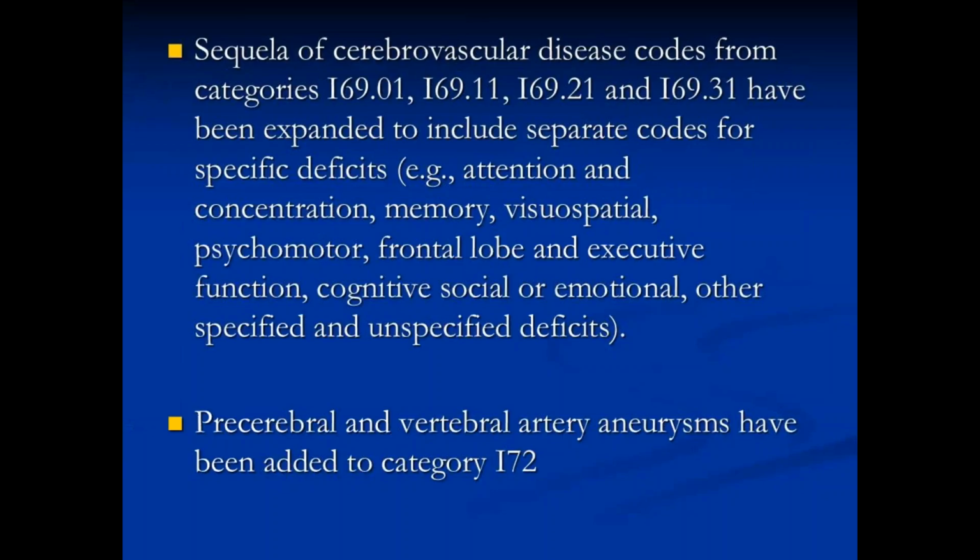For example, attention and concentration, memory, visual spatial, psychomotor, frontal lobe and executive function, cognitive, social, and emotional, and other specific and unspecified deficits. Precerebral and vertebral artery aneurysms have been added to category I72. And again, they're all in that little packet, Chapter 9 and Chapter 19.